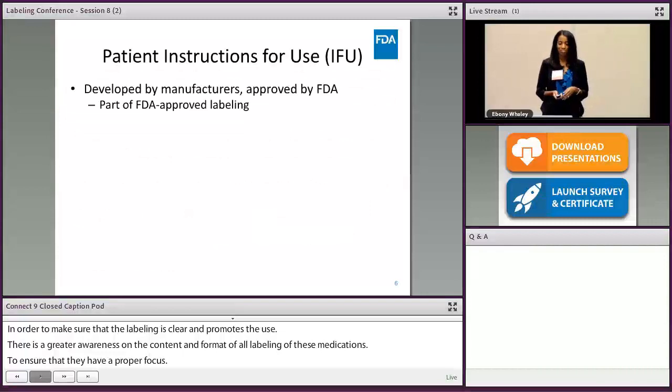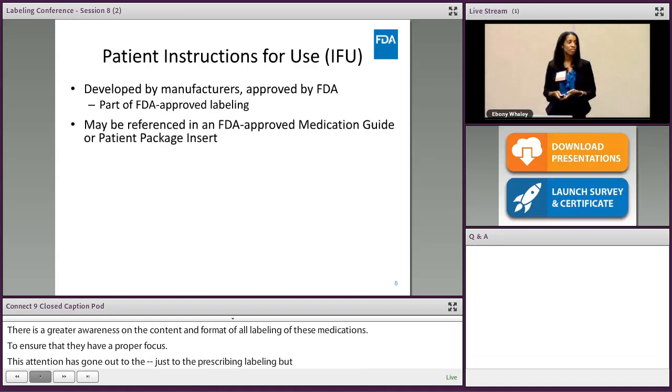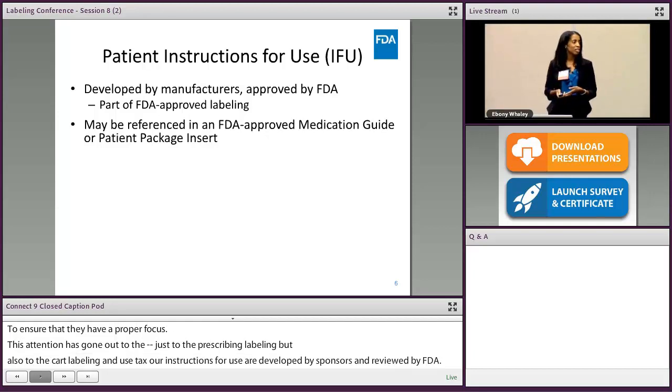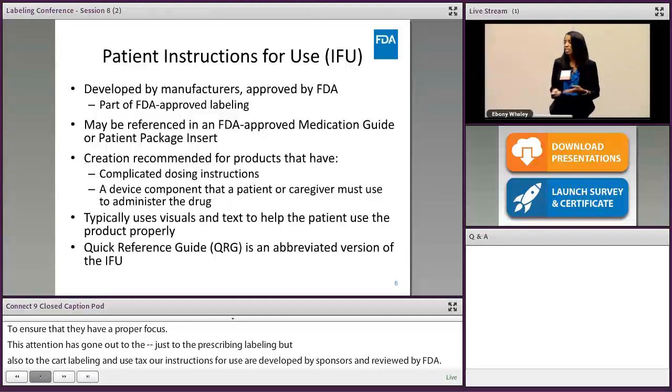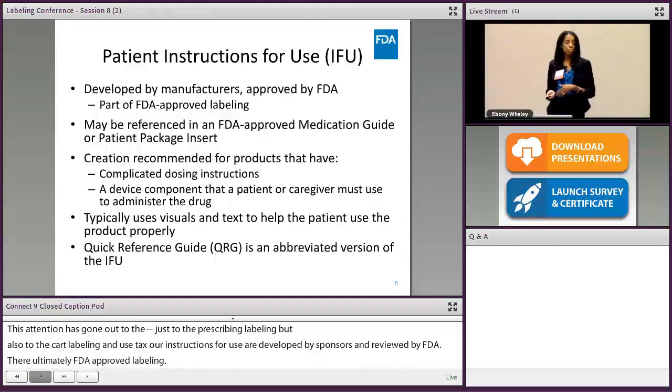This attention has gone not just to the prescribing information, but also to the carton labeling, container labels, and instructions for use. Our instructions for use are developed by sponsors and reviewed by FDA and are ultimately considered part of FDA-approved labeling. They might be a separate document or part of a medication guide or patient package insert.